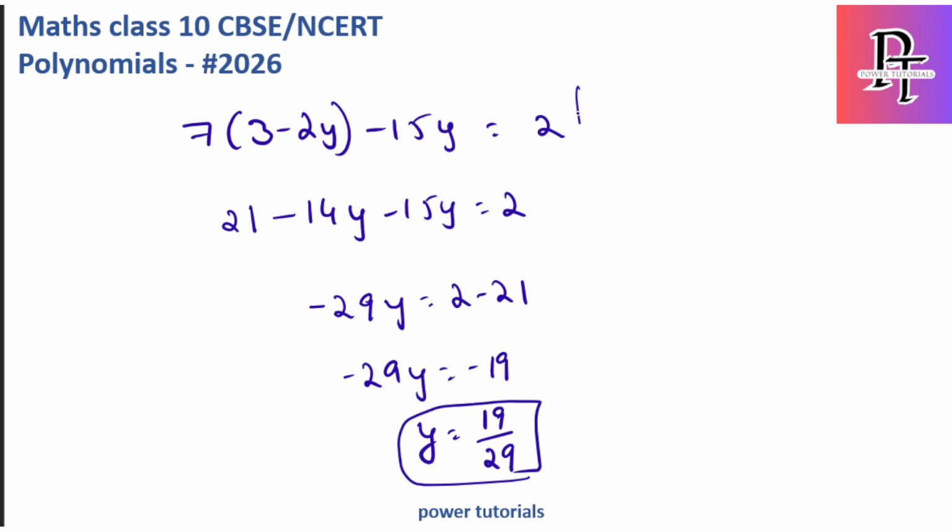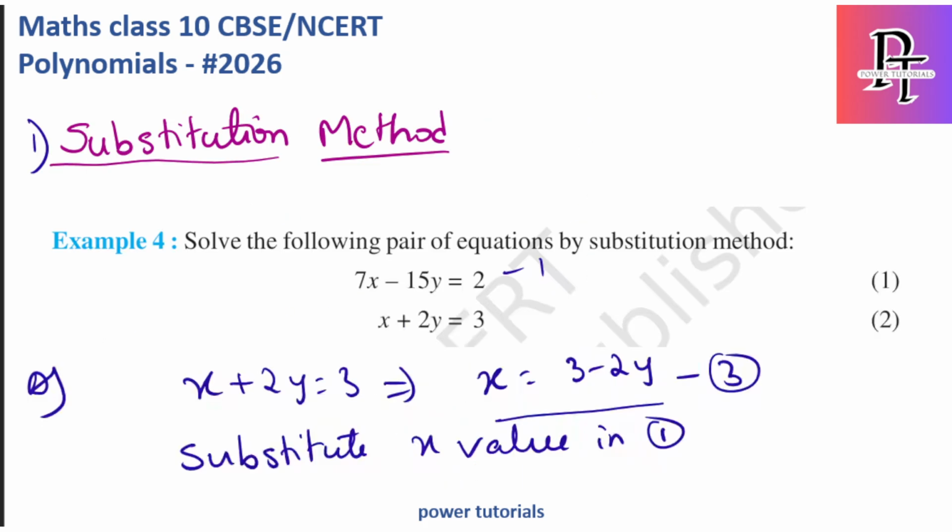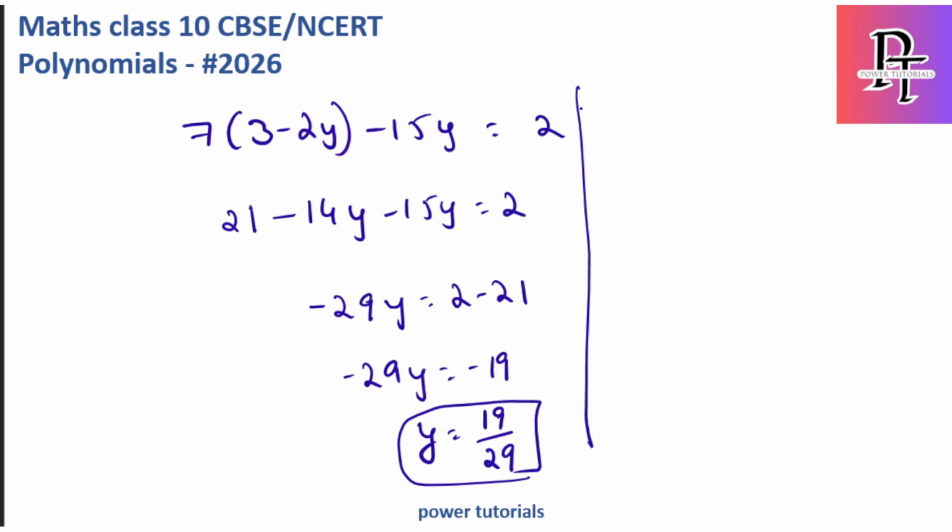Now just use the y value in the first part to get the x value. What is the x value? 3 minus 2y. So x is equal to 3 minus 2 into the y value, which is 19 by 29.